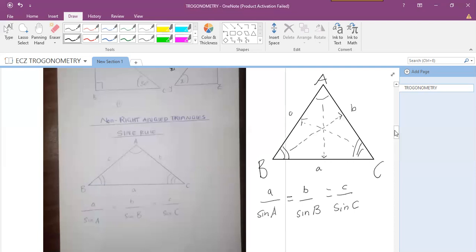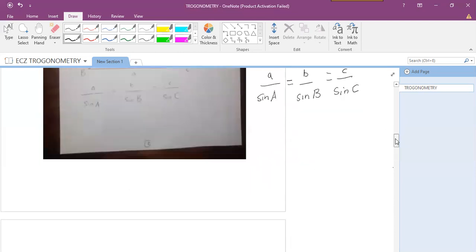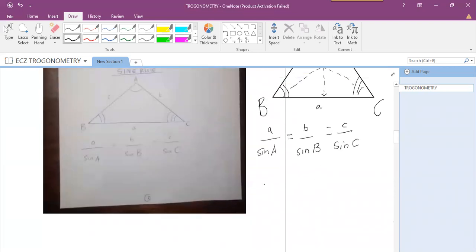In an exam, we are supposed to use the sine rule. You are going to have more than two angles. So if you see a triangle, because you know you're going to deal with trigonometry in your paper 2, which has more than two angles inside, then you just say, all right, I have to use the sine rule.